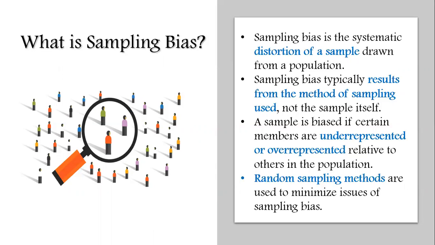Sampling bias typically results from the method of sampling used and not the sample itself. A sample is biased if certain members are underrepresented or overrepresented relative to others in the population. Random sampling methods are used to minimize issues of sampling bias.